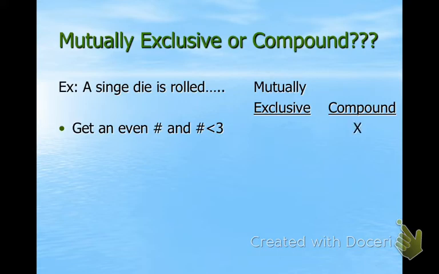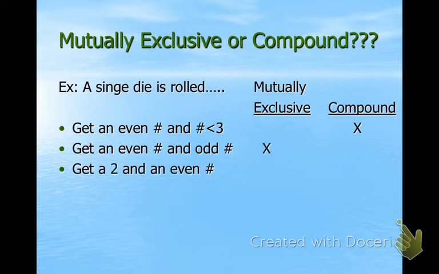So it's going to be compound, because I can have a number that's less than 3 and even as well with the number 2. Can I get an even and an odd number at the same time? We've already talked about that. That'd be a big no.